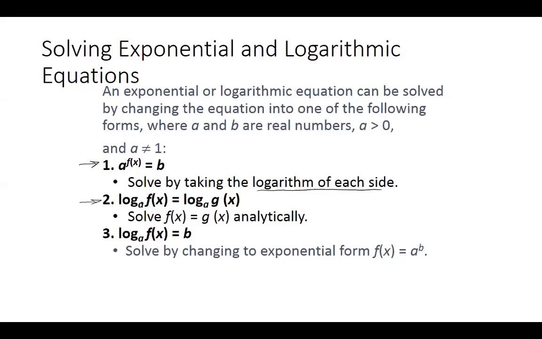The second case, if I have log of f of x equal to log of g of x, we can conclude from there that f of x must be equal to g of x. The argument must be the same. And the third one, if I have log of f of x with the base a is equal to b, you need to write this as its exponential function.